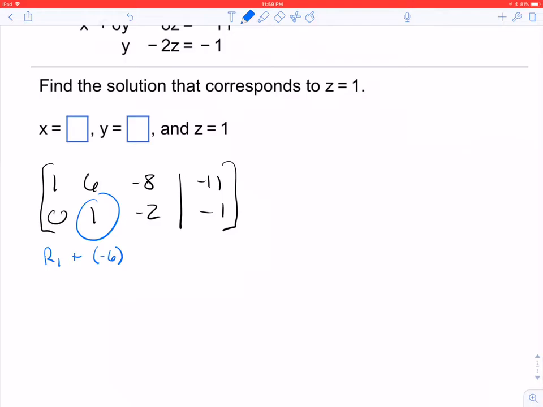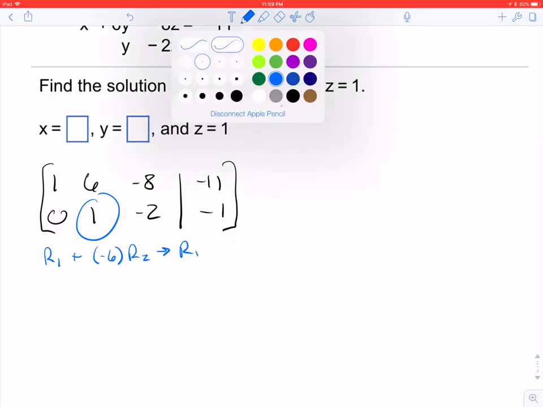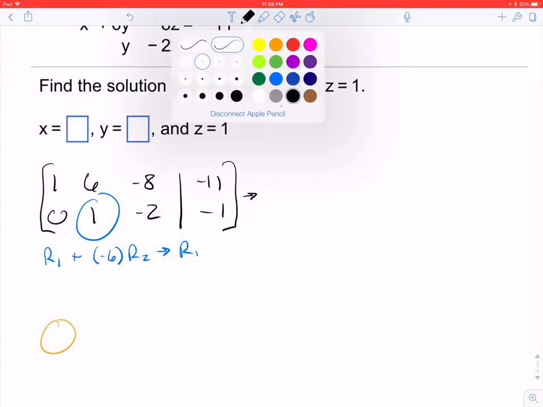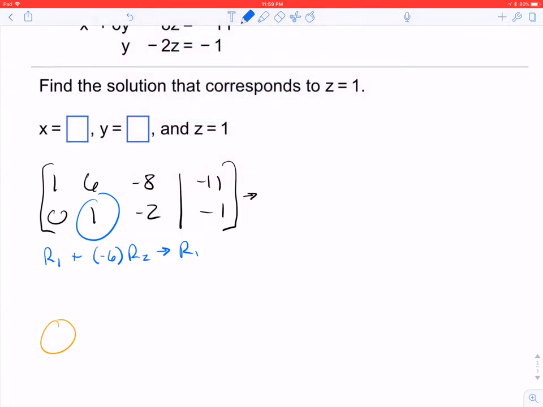So to row 1, I want to add -6 times row 2 and replace row 1. I just want to change row 1. So -6 times 0 is 0, plus 1 is 1, so my first entry stays as 1.